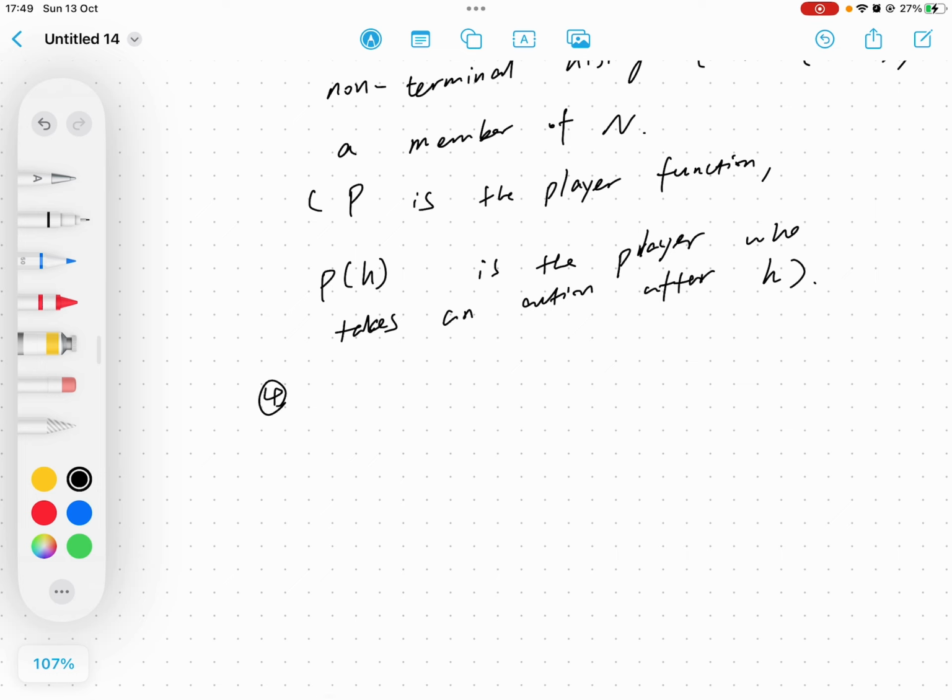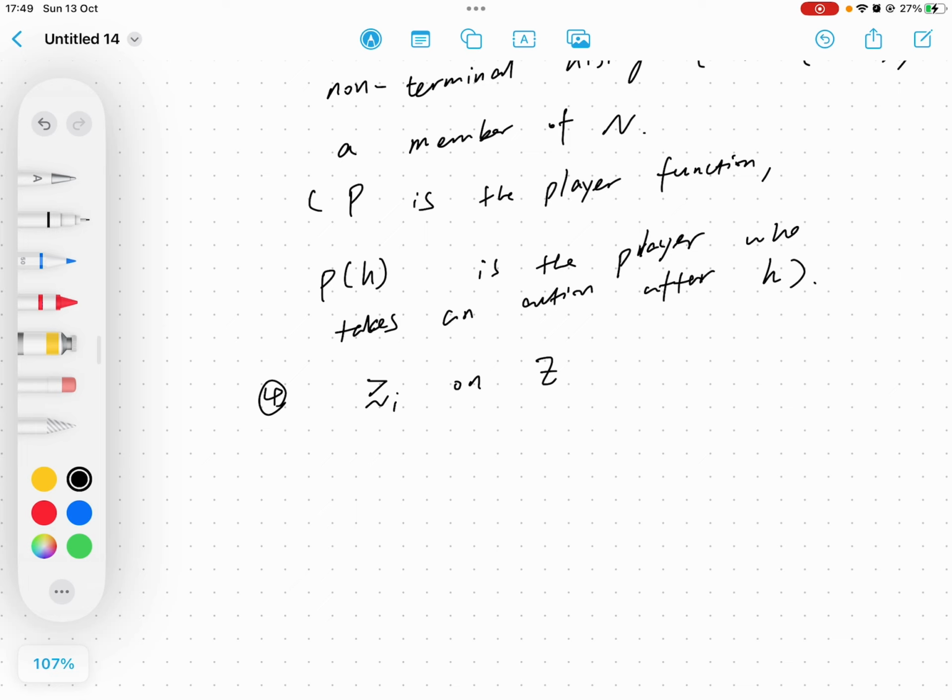Okay, so finally, the last component of the extensive game with perfect information would be that for each player i, a preference relation, right? So we always have the preference or the utilities. So we have this weak preference relation on this Z. So this is a preference relation on the terminal histories, right?